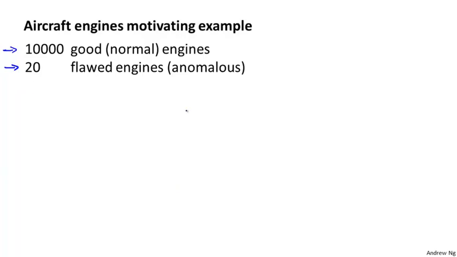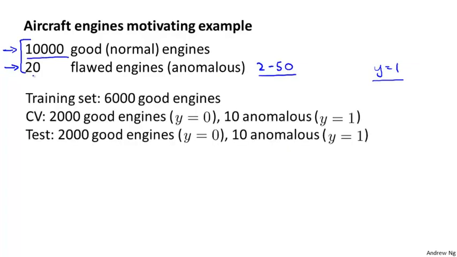For a pretty typical application of anomaly detection, the number of known anomalous examples, that is with y equals 1, may be anywhere from 20 to 50. That would be a pretty typical range. And usually we'll have a much larger number of good examples. So given this data set, a fairly typical way to split it into the training set, cross-validation set, and test set would be as follows.